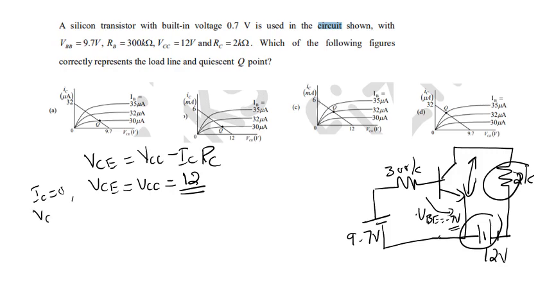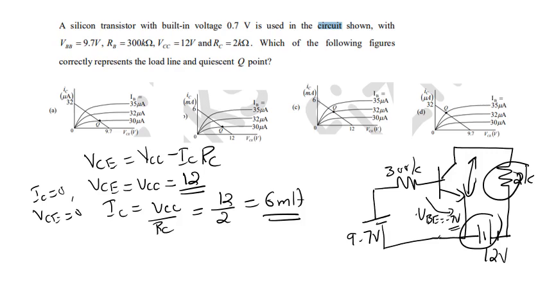For VCE equal to 0, IC equal to VCC by RC, so 12 divided by 2 is 6 milliampere. So our load line is a line connecting 12, 0 and 0, 6. Now which is the Q point? The load line will be a line connecting 6 to 12, so these two are eliminated and these two are correct. Now we have to find out where the Q point is.